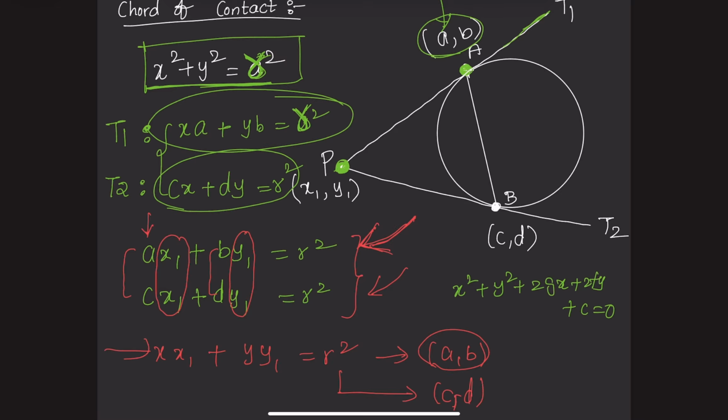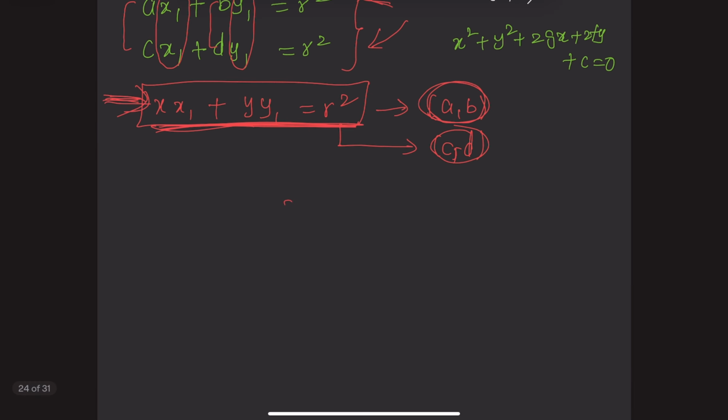Since this is a linear equation, the equation of a straight line, and these two points satisfy it, we can conclude that this particular equation is the equation of this chord. So the equation of the chord is x x1 + y y1 = r². This is simply x x1 + y y1 - r² = 0, that is, T = 0. All right.